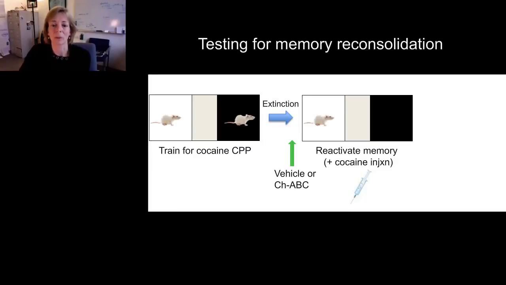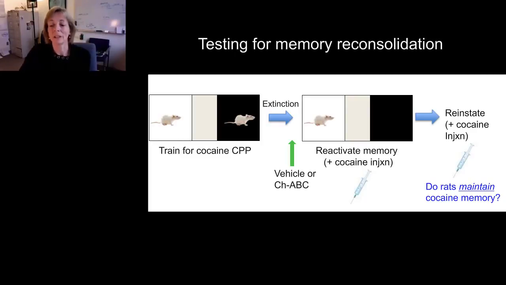And the animal will spend more time on that white side of the box again. And then at a later date, and this was several days later in this case, she reinstates the memory. And the way we do that is, again, to give a cocaine injection. It's another reminder. So our question here is, do the rats maintain that cocaine memory once it's been reactivated in the absence of nets?